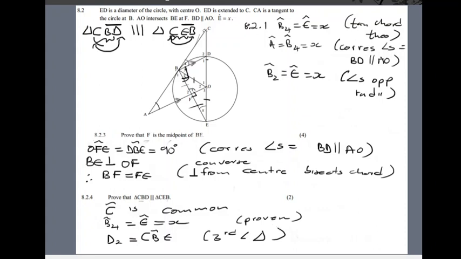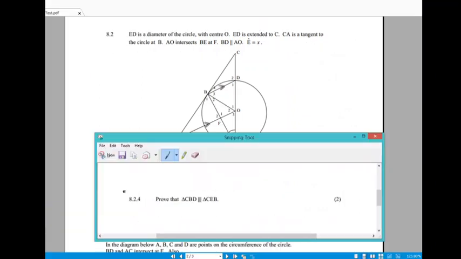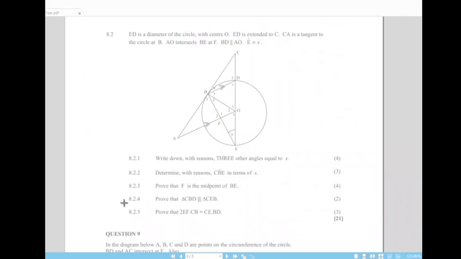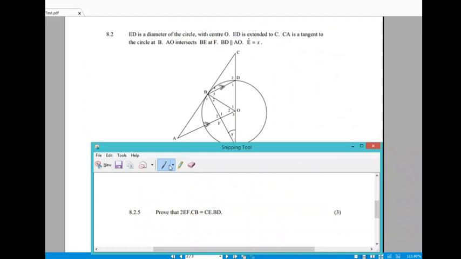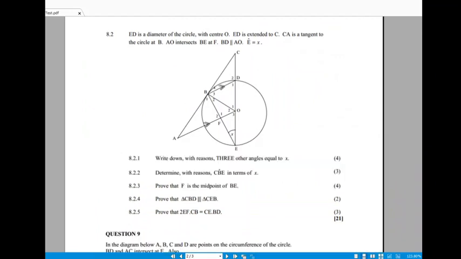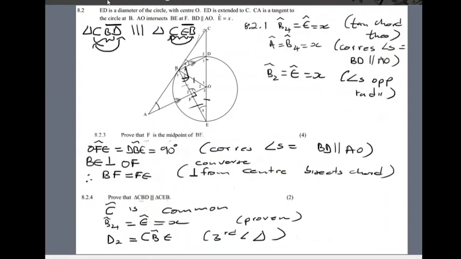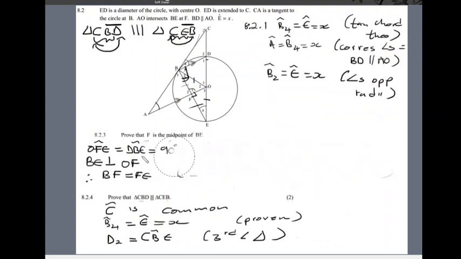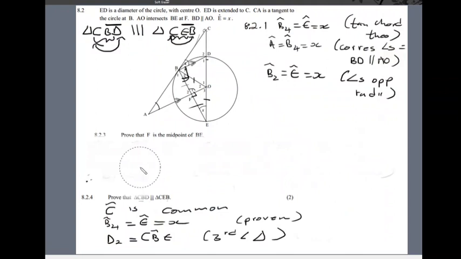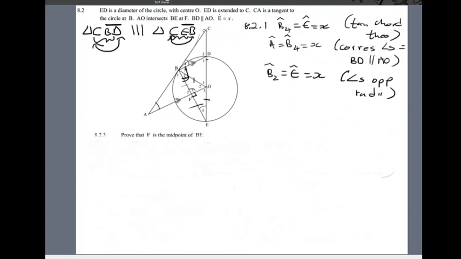Okay? And then 8.2.5, they want us to prove that 2EF times CB is equal to CE times BD. So the trick with these questions is to use what you already know, okay? So 8.2.4 says prove that those two triangles are similar, right?